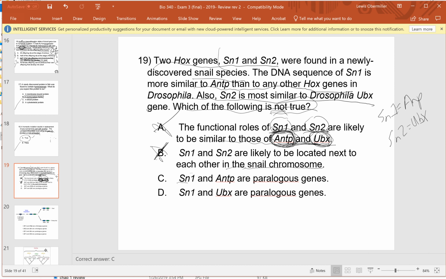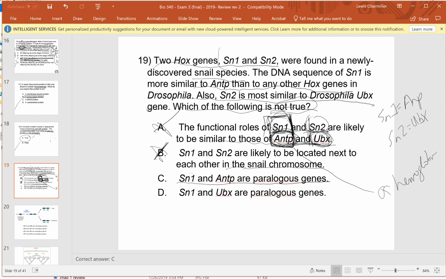Remember, these are the ones that are similar, right? These ones that derive the same. Remember, we talked about the groups. So if they're in the same group, if they're similar to each other, remember we talked about this with alpha hemoglobin.